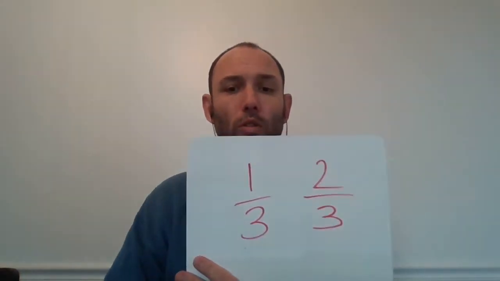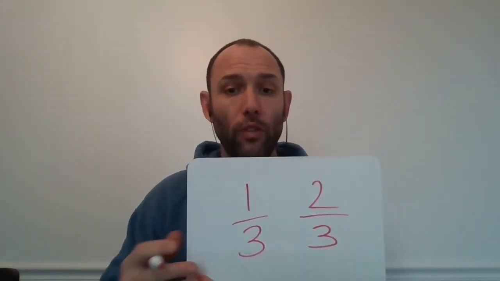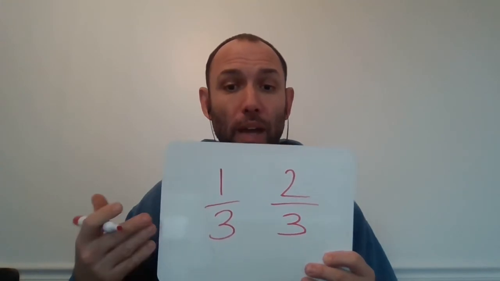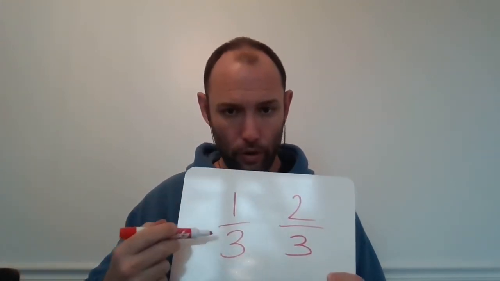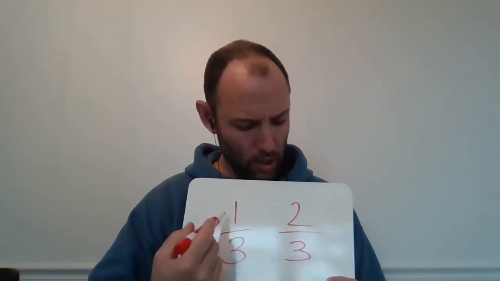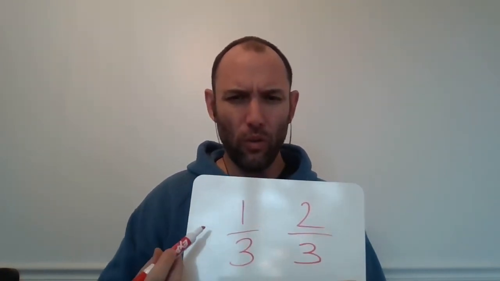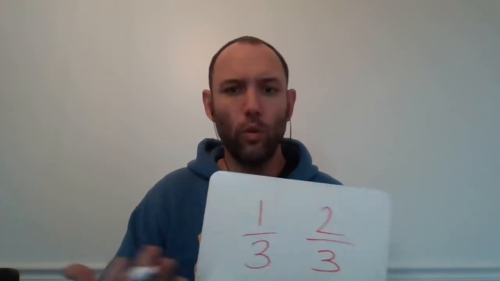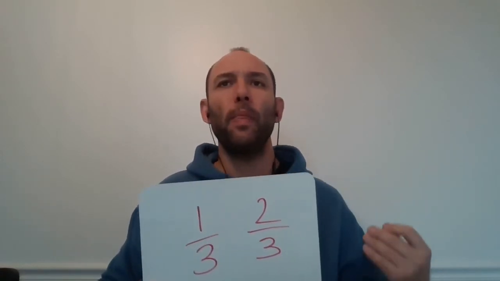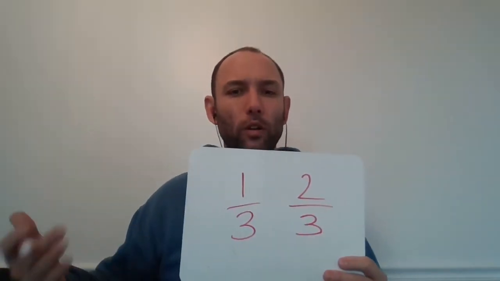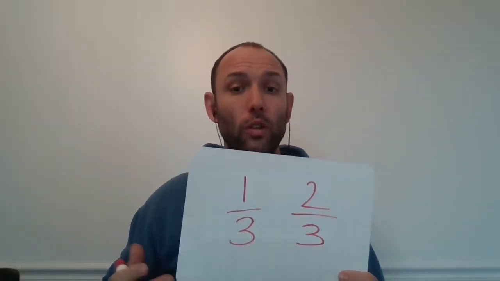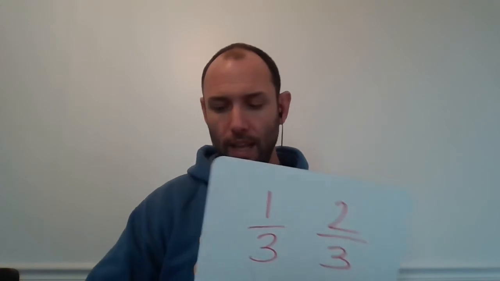Now, when we look at these fractions, and these are fractions that we've been used to dealing with, we can tell that if we wanted to compare them based off of which one is bigger, well, we could look at the numbers and we see 1/3 and we see 2/3. Well, in this case, 2 would be bigger than 1, so yeah, of course, 2 would be bigger. When we compare fractions, when we compare anything, we don't use bigger or smaller. We use the terms or the words greater than or less than.